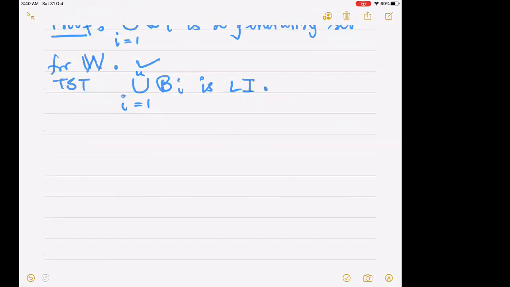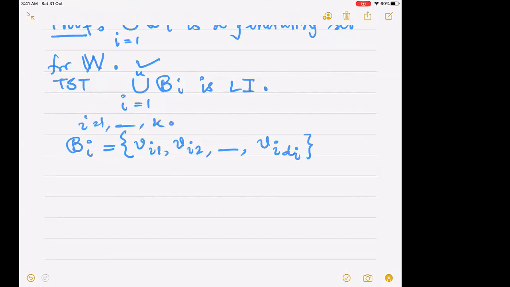So let us say Bi is composed of Vi1, Vi2, dot dot dot up to Vi di. Yeah, these are the vectors, and this is for i equal to 1 up to k, right?